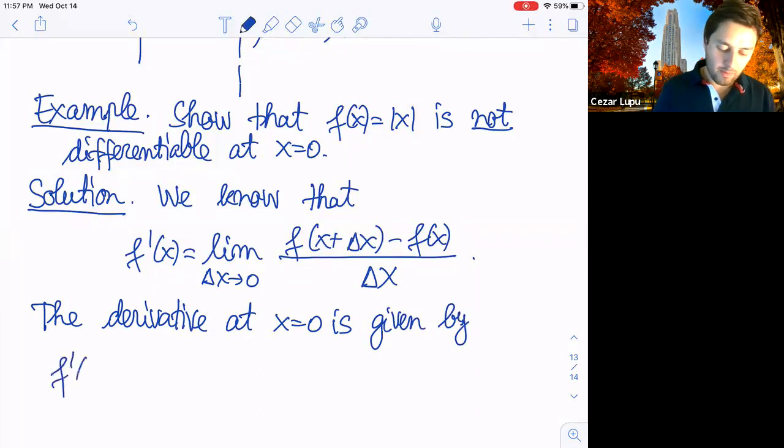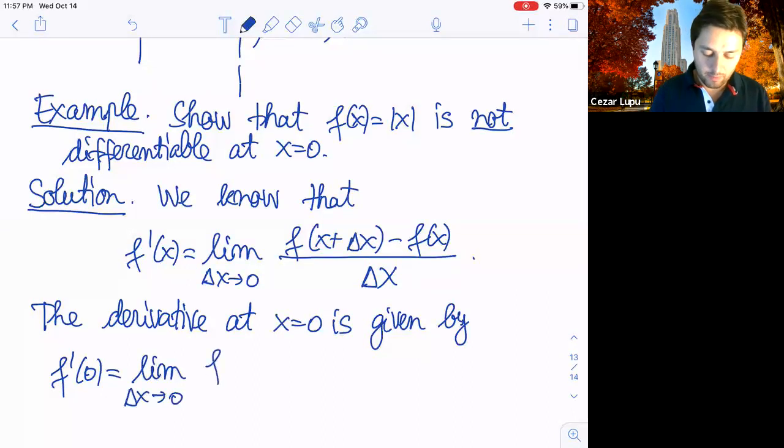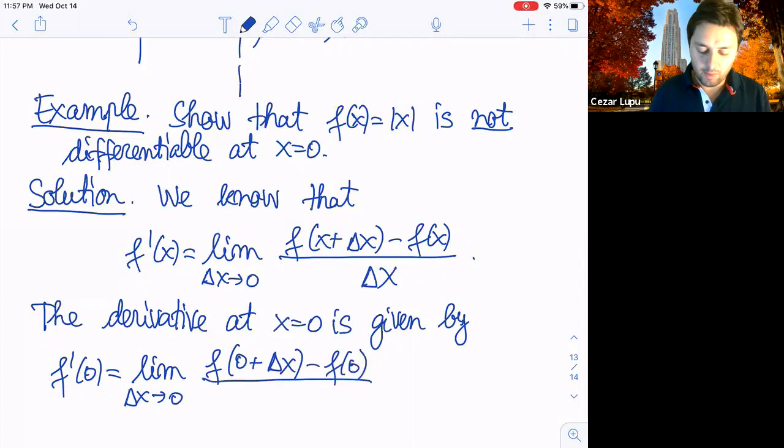f prime of 0 will be nothing else than just the limit as delta x approaches 0 of f of 0 plus delta x minus f of 0 over delta x.